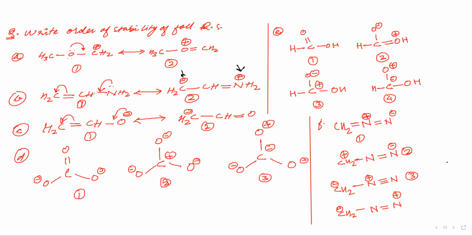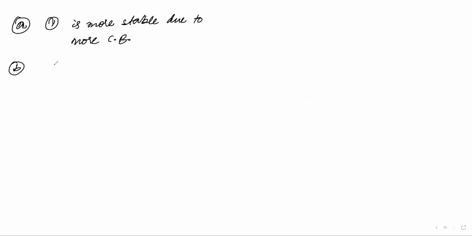Correct, Jubana? Yes, sir. Which is charged? 2 is having charges, 1 is neutral. Correct. So in B, I can say the second structure is less stable due to charge.